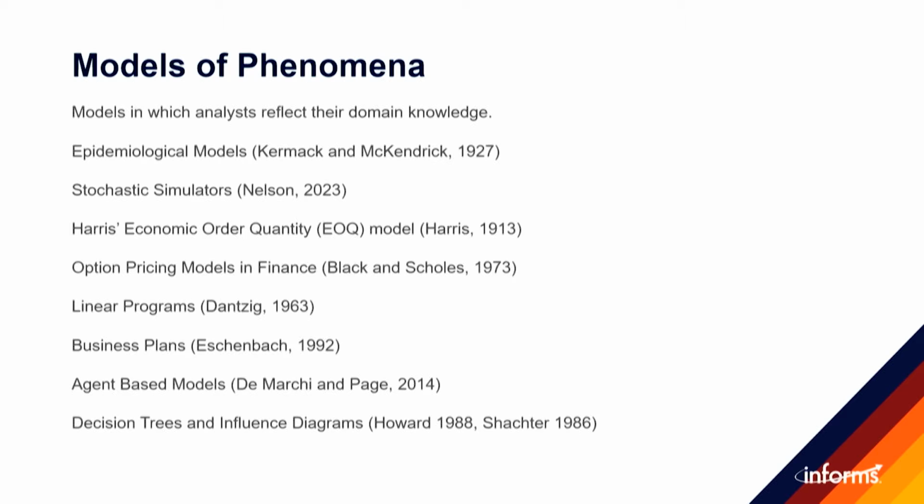He creates an objective function. Okay, there is no theory for that objective function, but he creates it, finds the minimum, and the minimum is the famous economic order quantity. That's a model of phenomena in the sense of Frigg and Hartmann, in the sense of this Stanford Encyclopedia. And then you have others, like business plans and agent-based models, for instance. There is a review by Macal and North. They are all models of phenomena.